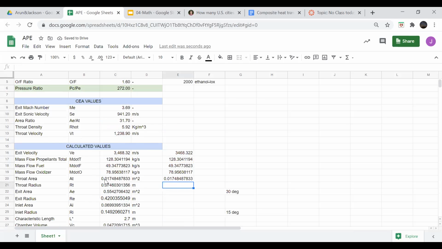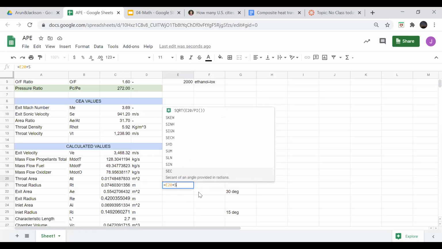There we got an area of 0.017 meters squared. Then to find the radius, take the square root of the area divided by pi.